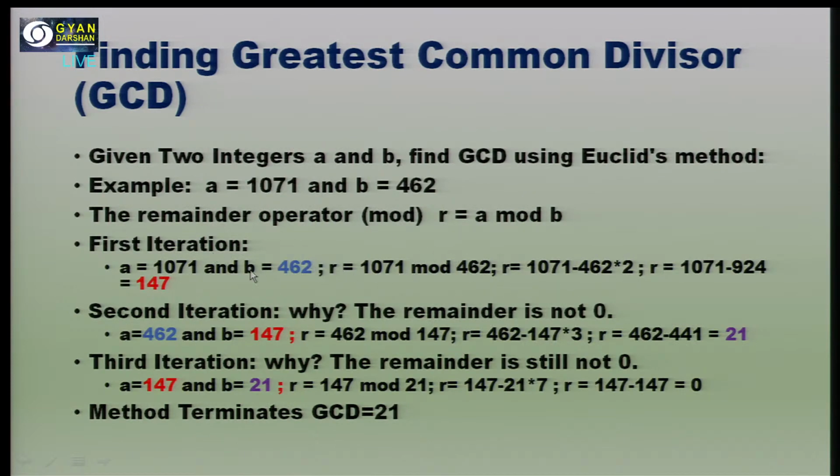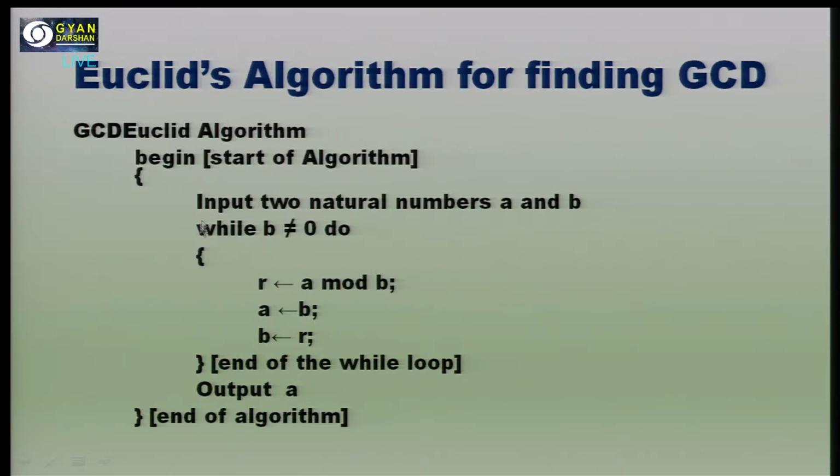Or in fact, the value B which is being transferred, right? The value of this 21 remainder was transferred to B. The remainder is getting transferred to B inside the loop. So that is why we are checking while B is not equal to 0, do.